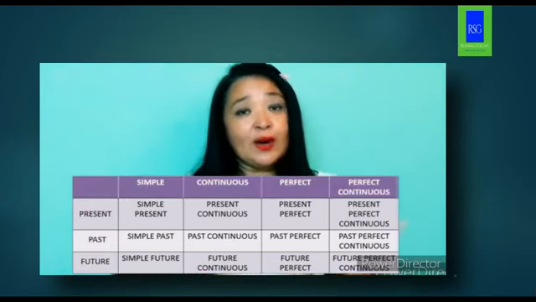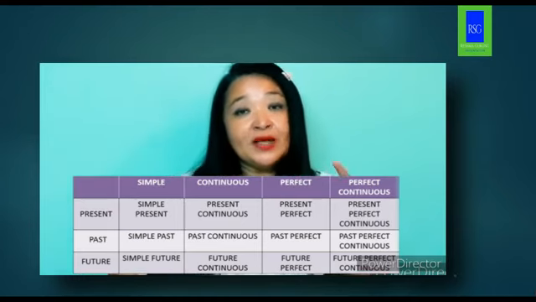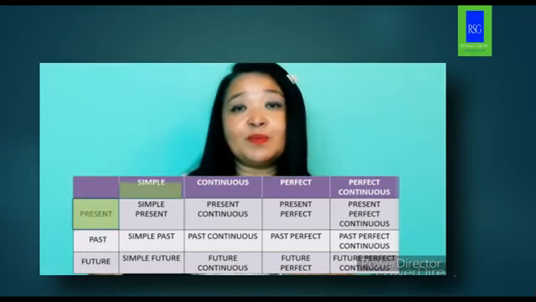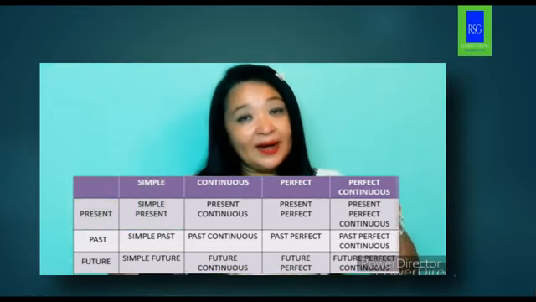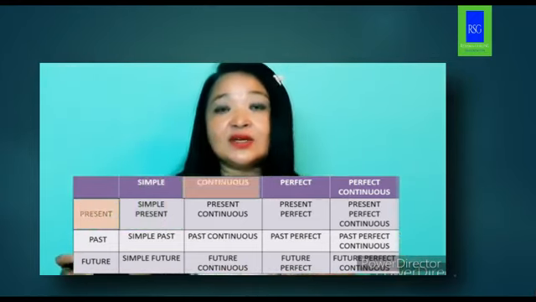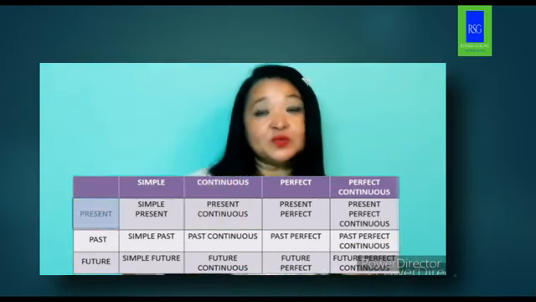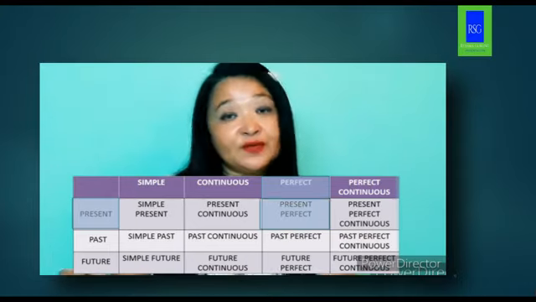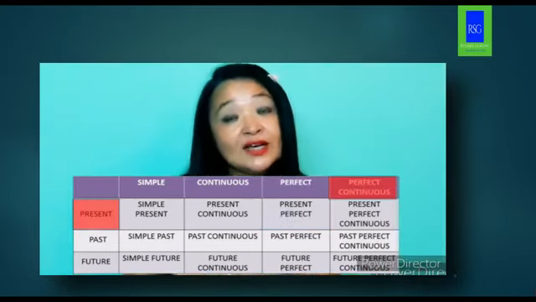When you combine, look at the present tense first. When you combine present with the simple, you form what? Present simple or simple present. When you combine present with the continuous, you get what? Present continuous. When you combine present with the perfect, you get present perfect tense. When you combine present with the perfect continuous, you get what?